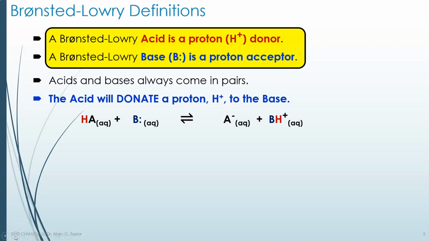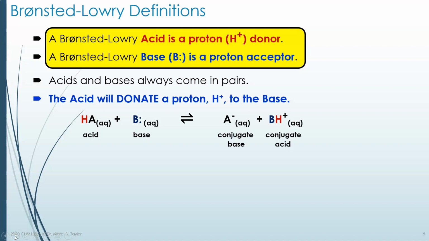And you'll notice what's left is this A minus. The A minus is whatever anion the acid was made from. So this is a hypothetical acid HA and a hypothetical base B. And in the end, you end up with just the anion from the acid, and the base has now gotten a proton added. We call this a protonated base.